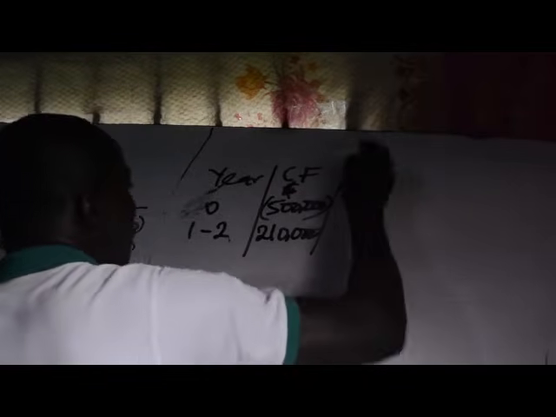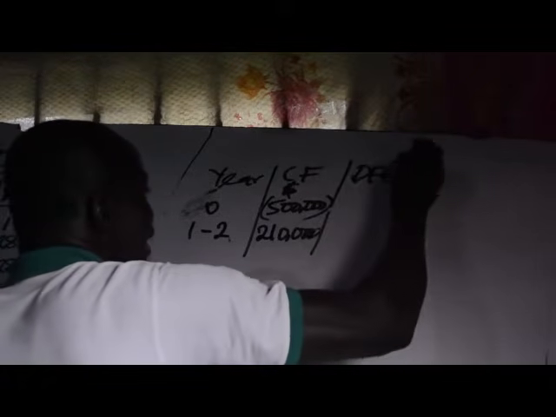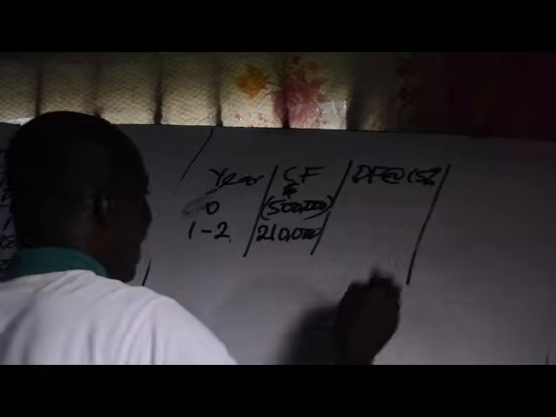Discount factor at 15% cost of capital, year 0 will be 1. Then years 1 to 2 at 15%, 1.15 raised to the power minus 2, minus 1, divided by 0.15.